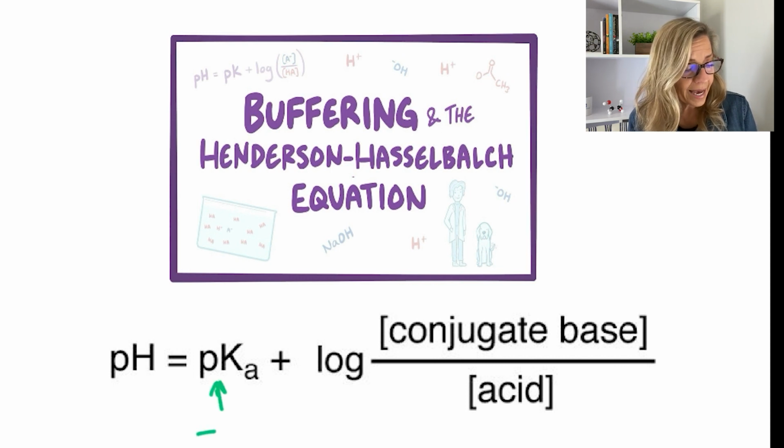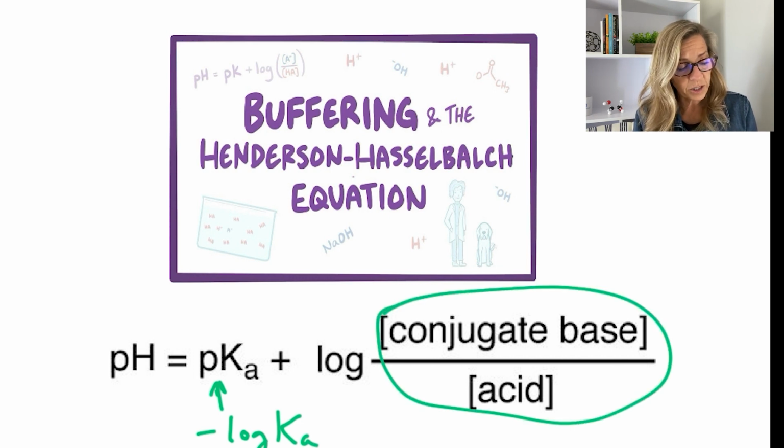Remember, the pKa is the negative log of the Ka. And then we're going to take the log of this ratio right here. Now, what if that ratio of concentrations was equal to 1? What is the log of 1? It is 0, right? And so it's not going to impact the pH. The pH will be equal to the pKa. So that is a hint right there. Remember, if that ratio is 1, the pH equals the pKa.